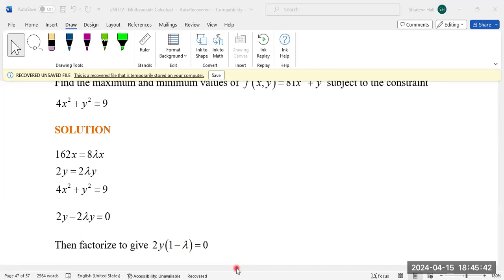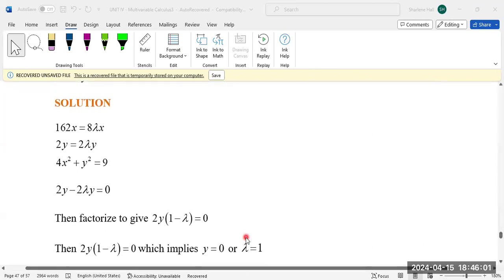Good. If I have 2y times (1 minus lambda) equals 0, it's one of two things. We're going to have 2y equals 0, and we're also going to have 1 minus lambda equals 0.